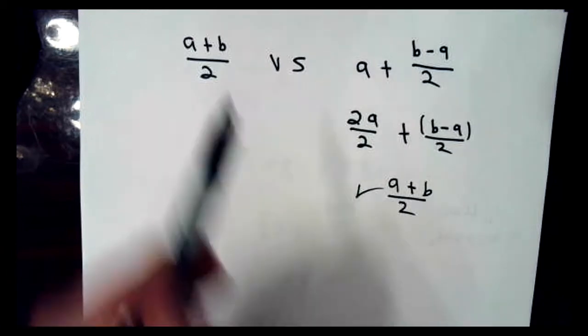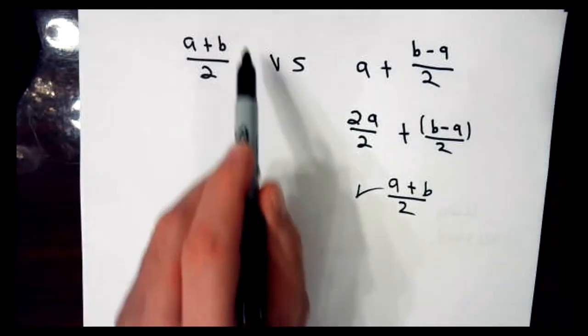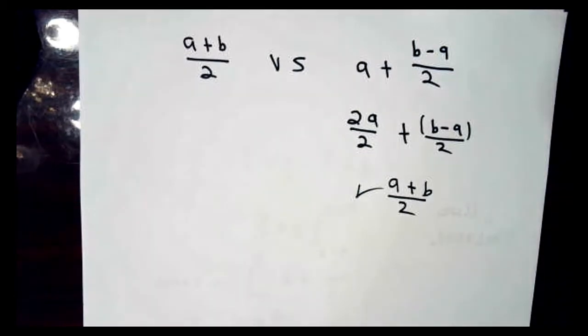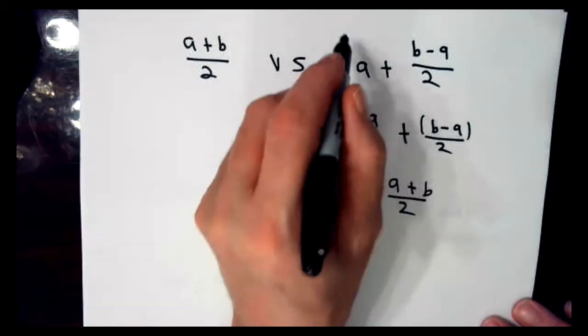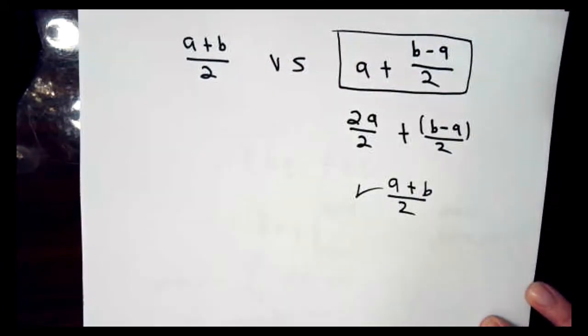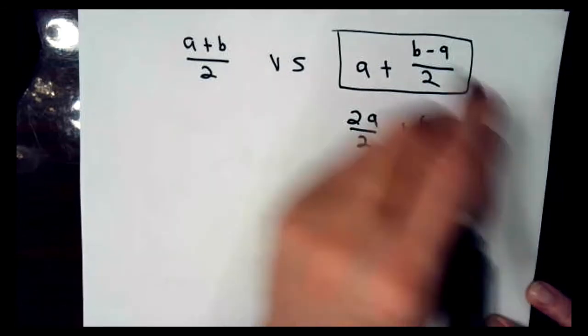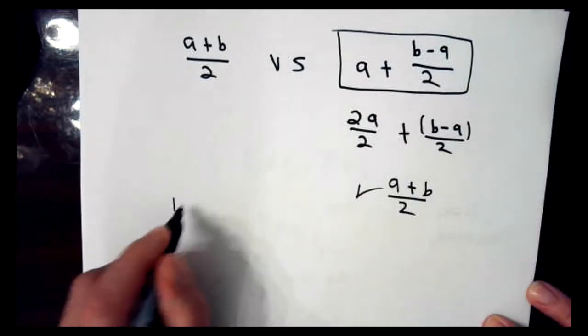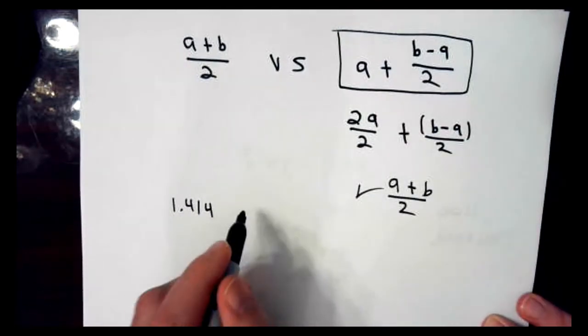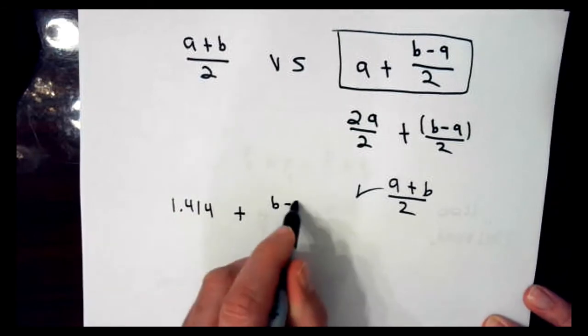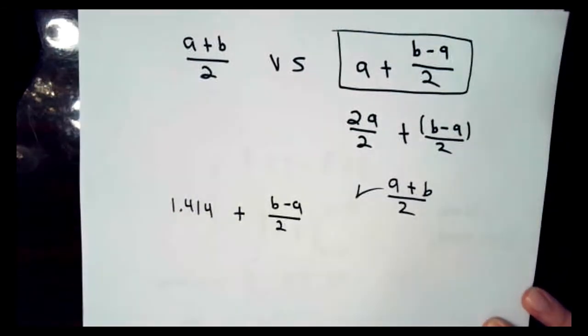As we've seen though, if you calculate your midpoint in this format, you are liable to jump out of the interval that you want to remain in. I claim that this is a much better way of doing this. Why is that? For example, in the problem that we're looking at, both a and b are getting close to square root of 2. So these kind of numbers are 1.414 some odd plus (b − a)/2.